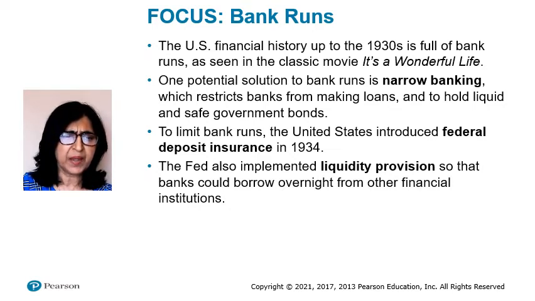To limit bank runs, the United States introduced Federal Deposit Insurance in 1934. The Fed also implemented liquidity provision so that banks could borrow overnight from other financial institutions.